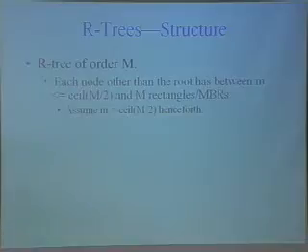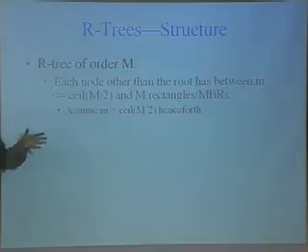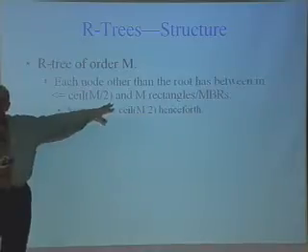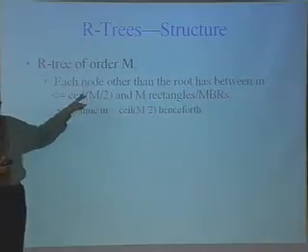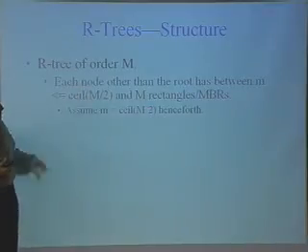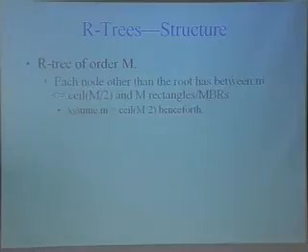So the number of rectangles in a node other than the root has to lie between some minimum number and some maximum number. The maximum is M, that's the capacity of the node. Then there's a lower bound requirement, which if this was a B plus tree, it would be something like M over 2. But you get a little bit flexible, and in practice you permit people to use lower bounds that may be smaller than M over 2.